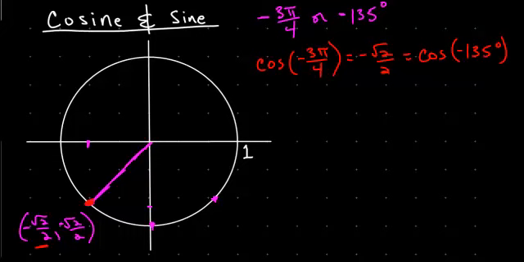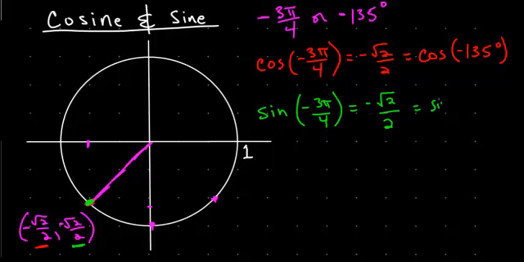The sine of -3 pi over 4 simply equals, we go to that point and we look at the y coordinate. So it is -√2 over 2, and so that also equals the sine of -135 degrees.